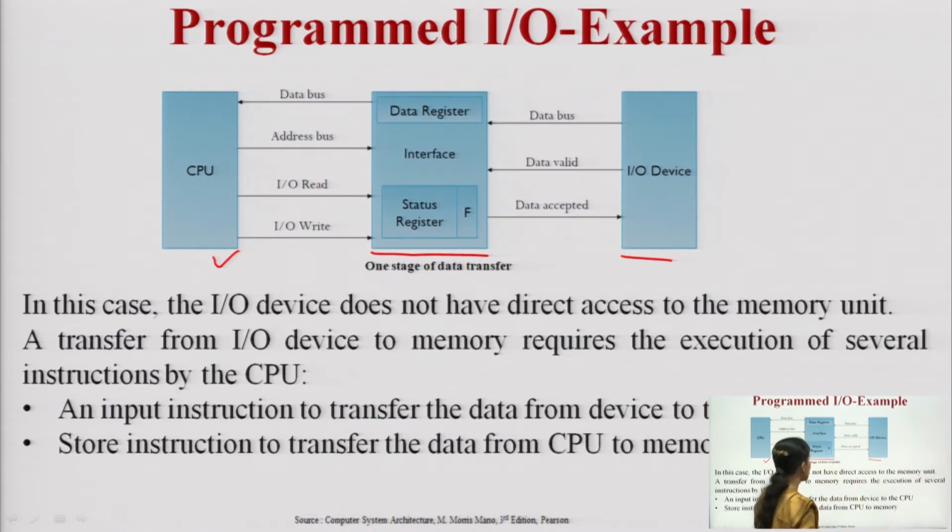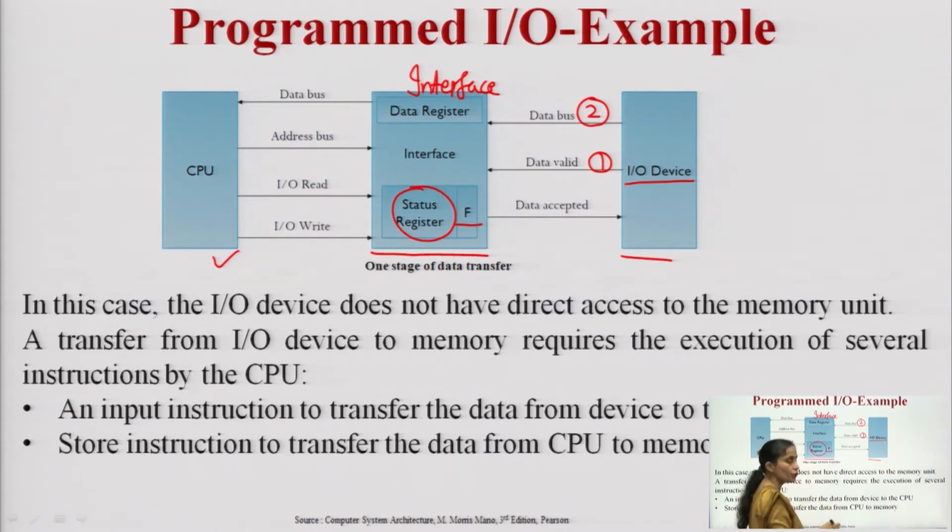First, valid data will be sent by the IO device that wants to communicate with the CPU, and accordingly it will place its content on the data bus. In the interface, as valid data is placed on the data bus, the status register contents will be set and the flag register will be set to 1.